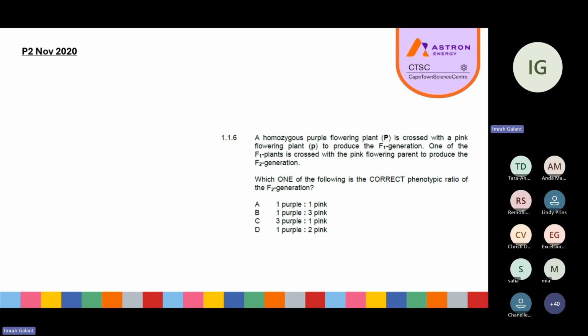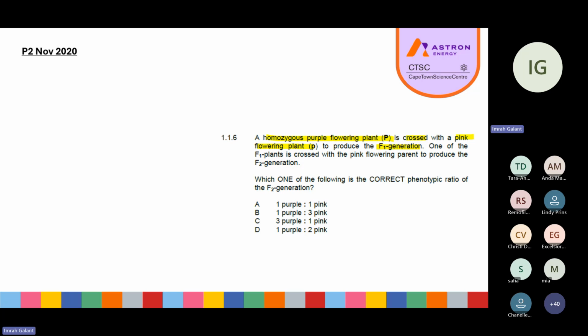Let's highlight the important points, because when I do these types of questions, I like to highlight and know exactly what I'm working with. So we have a homozygous purple flowering plant, crossed with a pink flowering plant to produce the F1 generation.